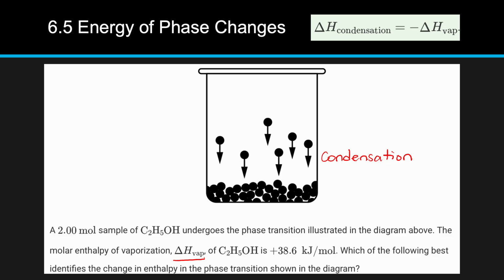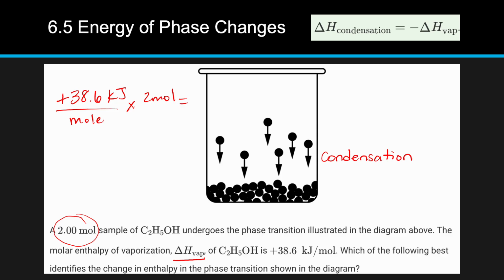all we're doing is taking our delta H of vaporization, changing the sign, and making sure it is for a 2-mole sample. So heat of vaporization is positive 38.6 kilojoules per 1 mole. And we know we are given 2 moles.